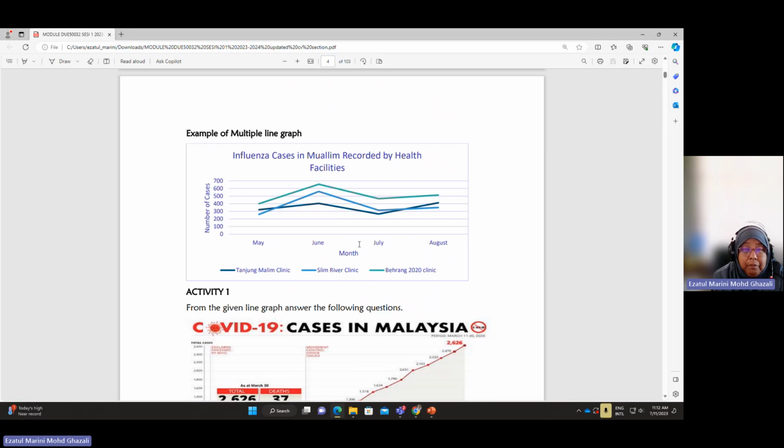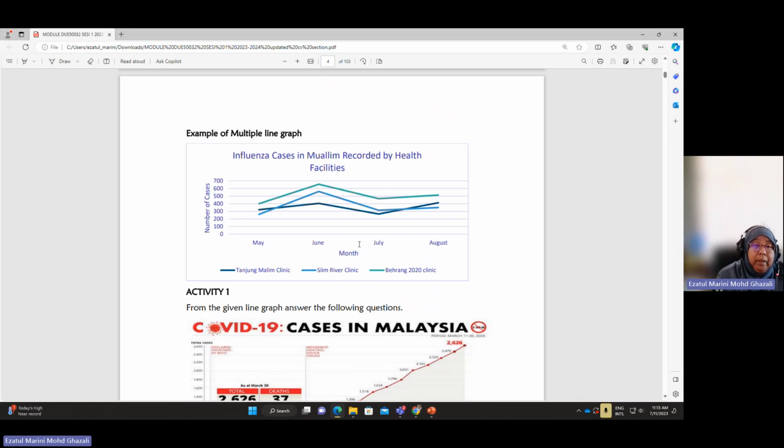If you look at the legend, it shows Tanjung Malim Clinic, Slim River Clinic, and Behrang 2020 Clinic. The observation is done from May up to August, and we can see that the scale for the number of cases is in 100 interval. The interval for the recorded cases is 100.